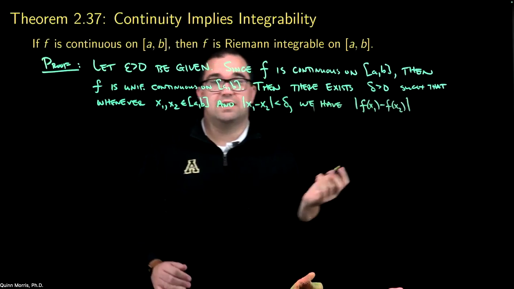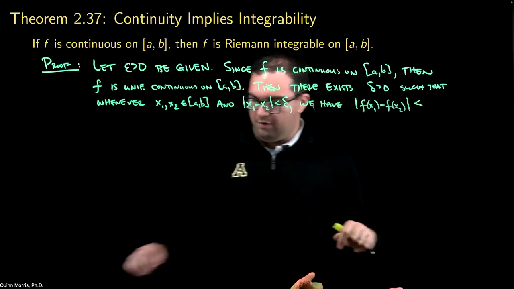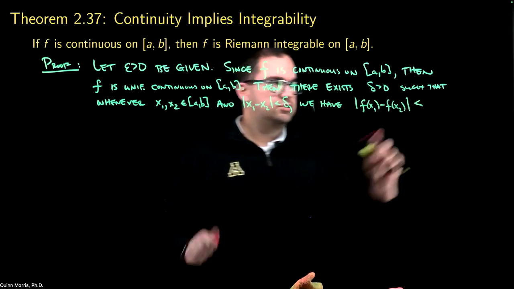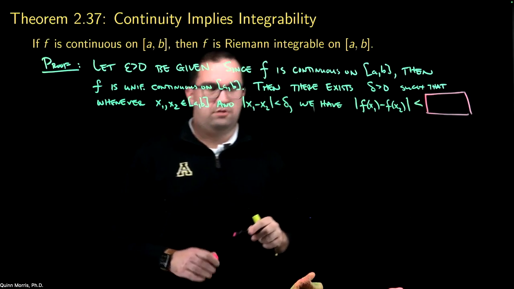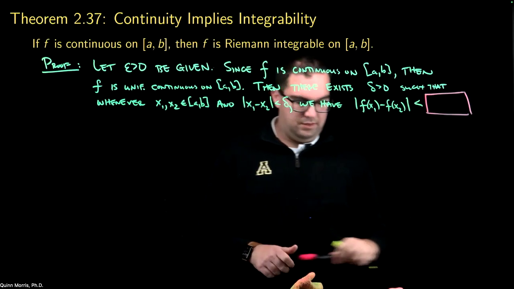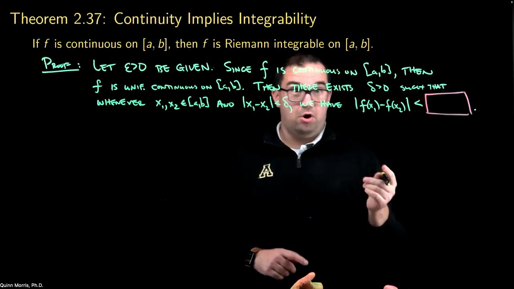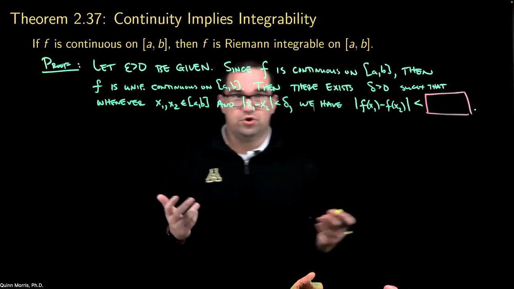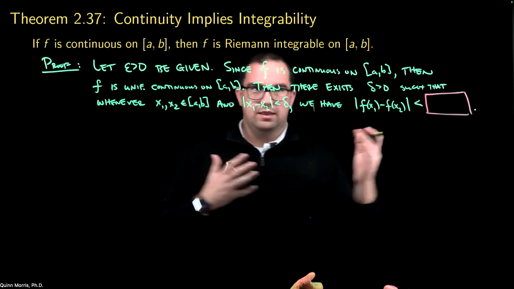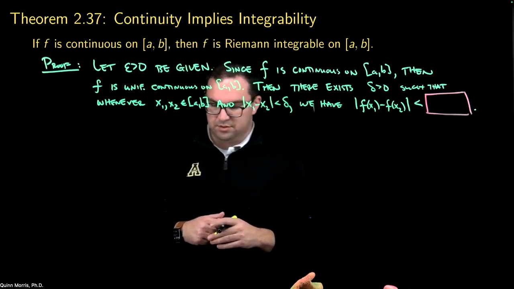I can make this as small as I'd like, so I can make it less than epsilon. I'm actually not sure right now how small I might need it to be. Let's just leave a placeholder here, and we'll figure that out along the way. But for now, we've got this as a tool at our disposal. I can make that as small as I want, so I can make it less than epsilon, epsilon over 2, epsilon over 53. Let's see what we need this to be as we proceed with the rest of the proof.